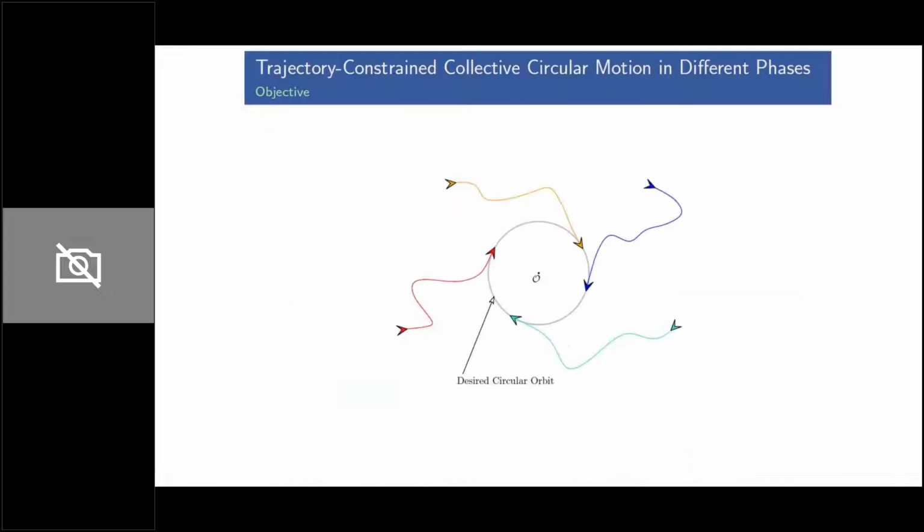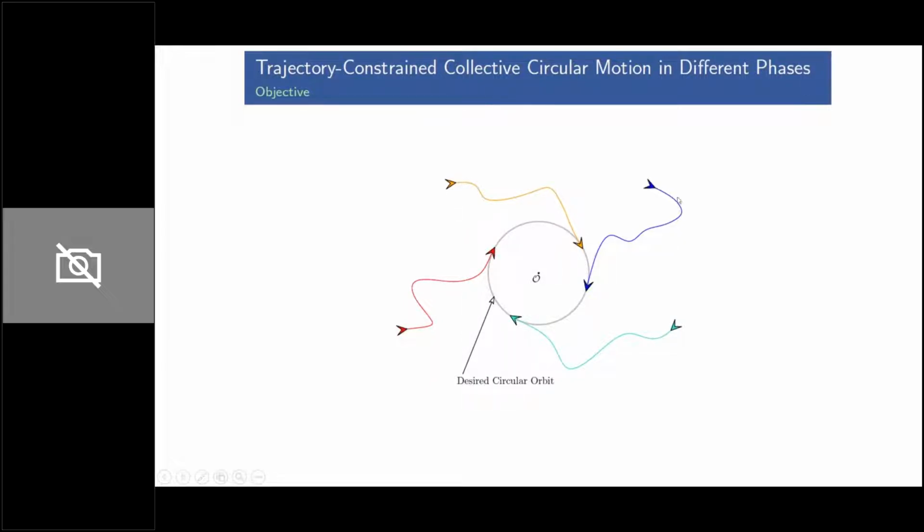So here is one problem which I solved as part of my research work. Your objective is that you have some kind of desired circular orbit, meaning the radius and the center of this circle we can choose as per our requirement.